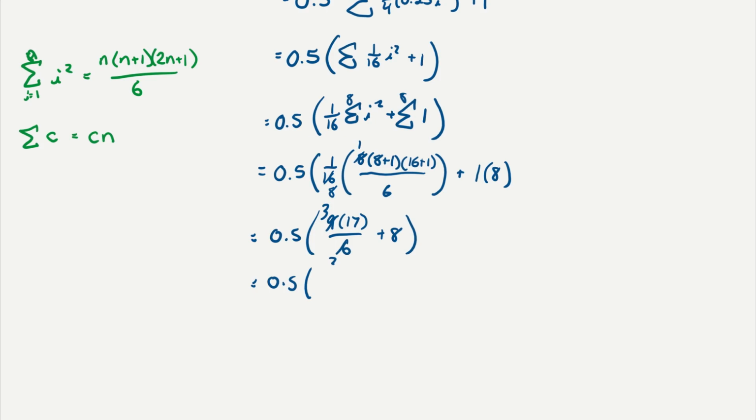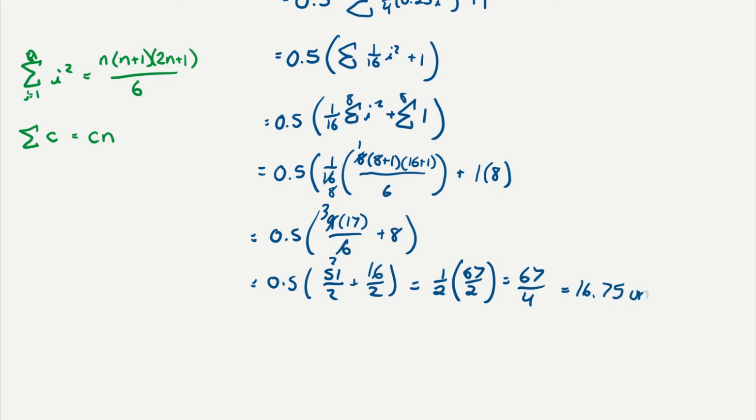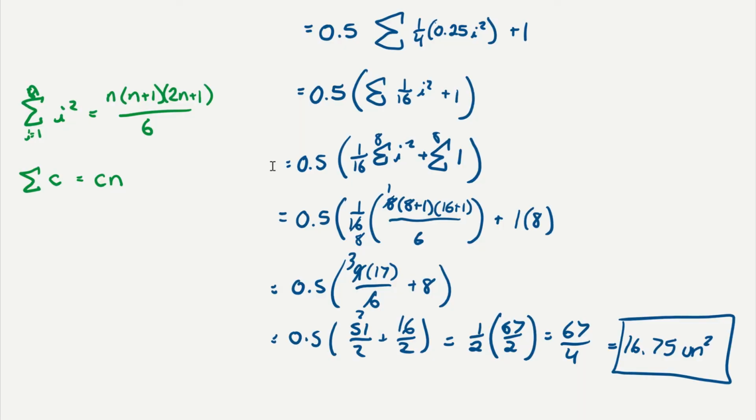So I have 3 times 17, which is 51 over 2, plus 16 over 2. And now we have 1/2, changing that 0.5 to 1/2. Add my fractions, that's 67 over 2 times 1/2, which is 67 over 4, which is 16.75 units squared. And so with that, we get that estimate of 16.75 units squared, provided I didn't make a mistake in simplifying.